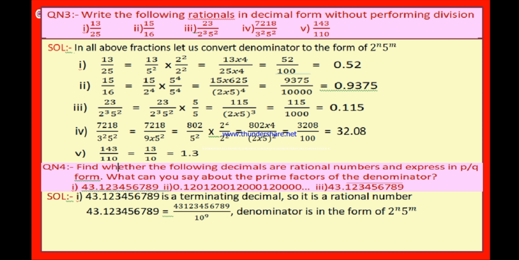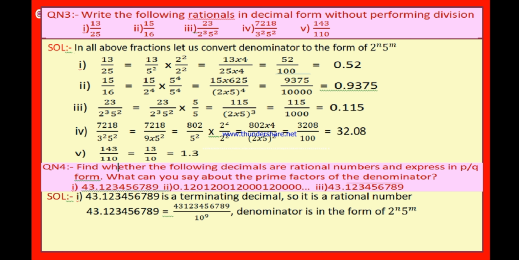Therefore, it is a terminating decimal. Since it is a terminating decimal, it is a rational number. Since it is a rational number, you can write it in the form of P by Q. Therefore, 43.123456789 is equal to, you remove the point, you write the total number, by, as there are 9 places after the decimal, you divide the given number with 10 power 9, or 1 followed by 9 zeros.